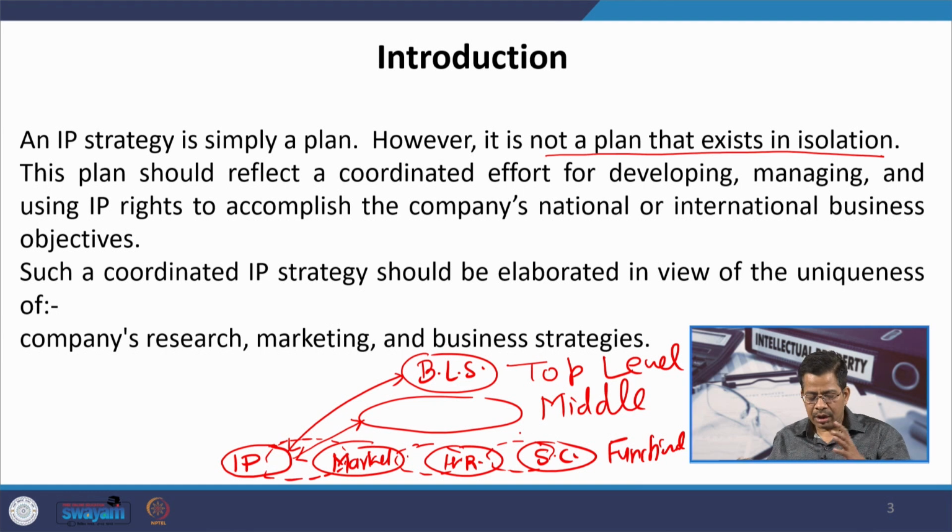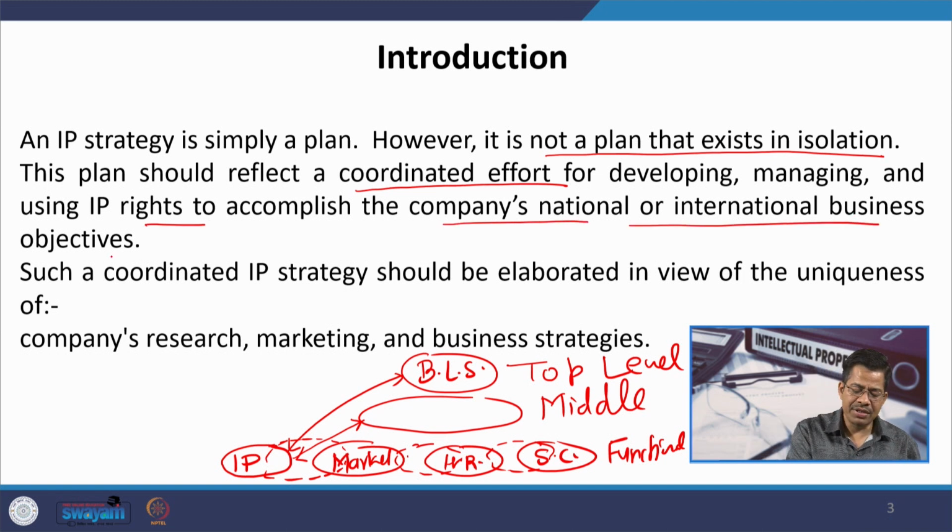So, you are not working in isolation, but in synchronization with your marketing strategy, your HR strategy, and your other functional strategies, whatever they may be in your organization. It should be a very coordinated effort, using your IP rights for accomplishing the company's national and international business objectives. That is the purpose of IP strategy.